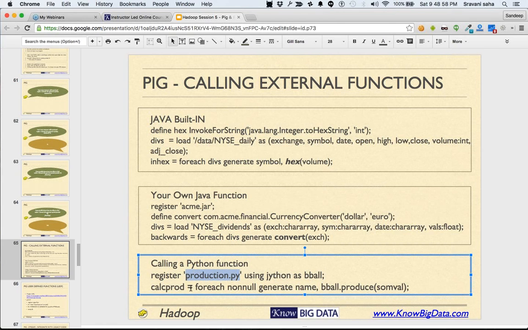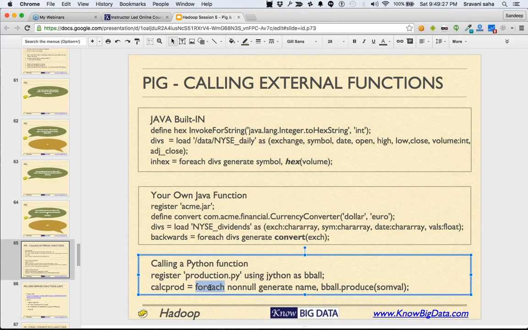So what is a Python file generally? A Python file is generally made up of either functions, classes, or code right away, expressions. So you can call the functions which are mentioned in a particular Python file. Imagine that in this production.py there is a function called produce, and we are calling that function here.